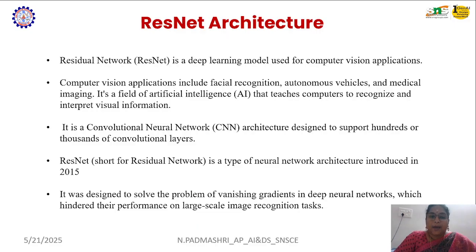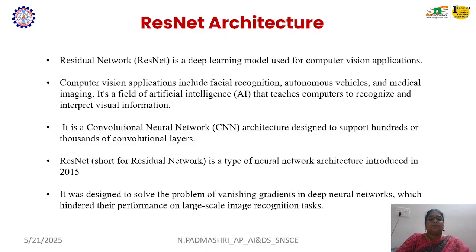These types of architectures are used in facial recognition, autonomous vehicles, medical imaging. In all these fields we are using this kind of convolution neural network. This teaches computers to recognize and interpret visual information.